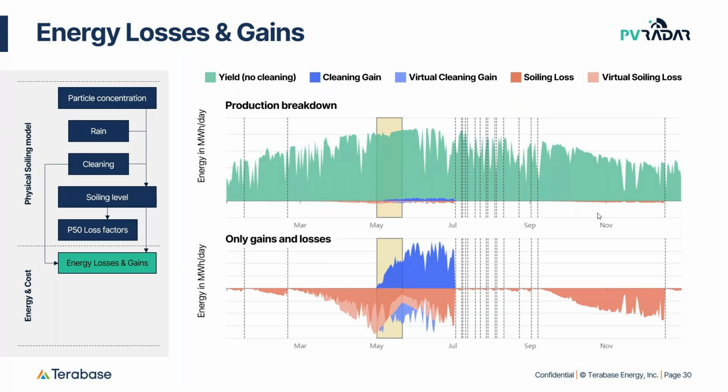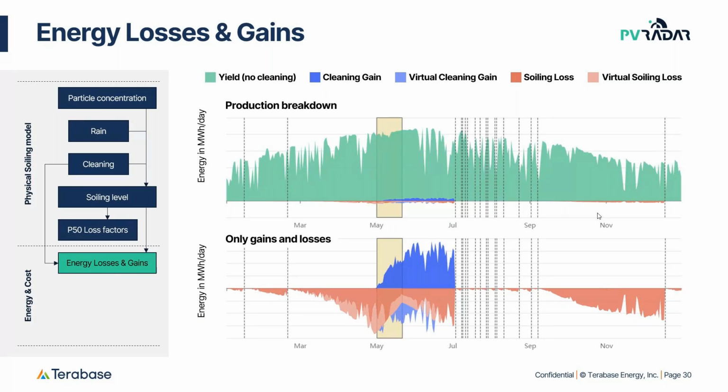Virtual losses are those soiling losses that actually do not show at the grid connection point because they are masked by curtailment, or inverter clipping. So our model does take that into consideration as well. And with higher DC-AC ratios, you will find that less cleaning is actually needed, as much of that potential soiling is not really passed through to the grid connection.